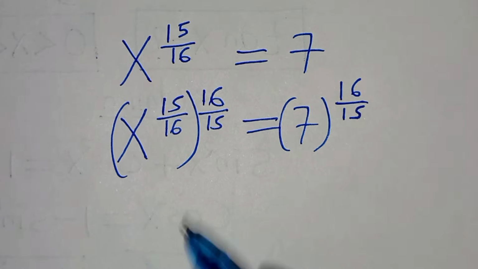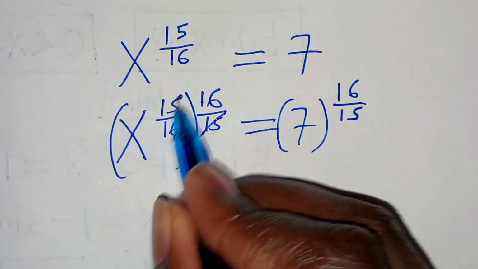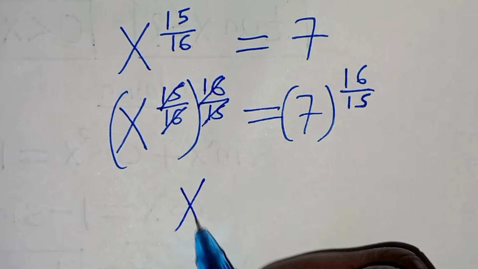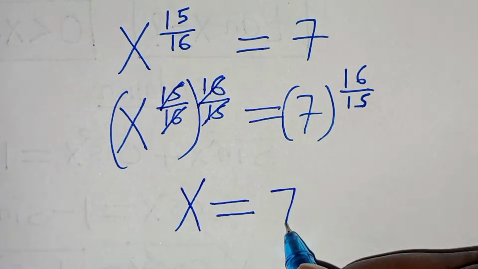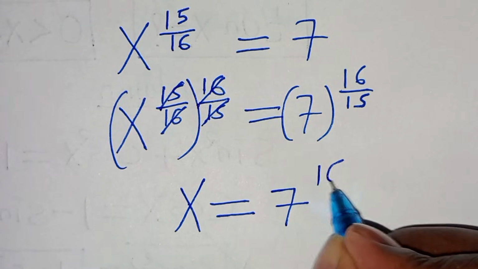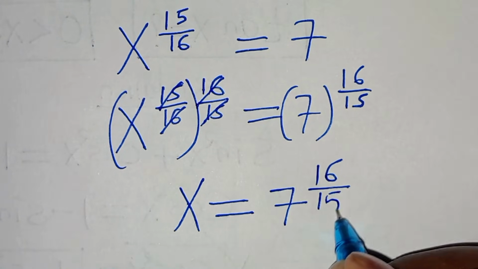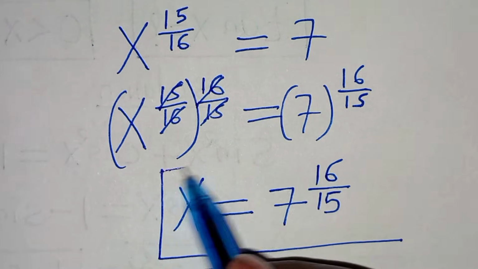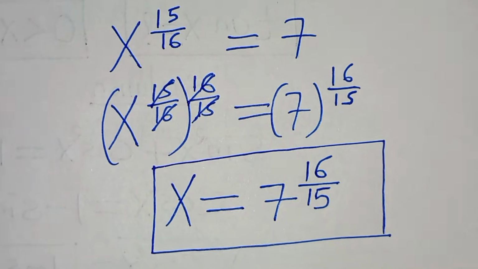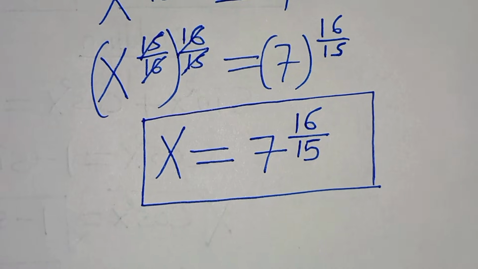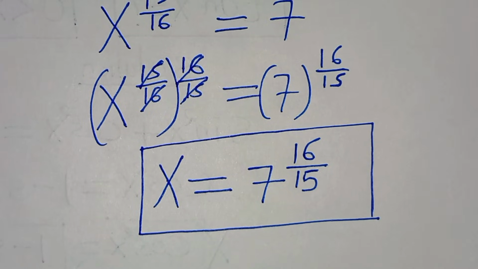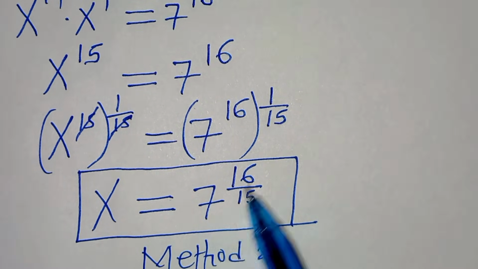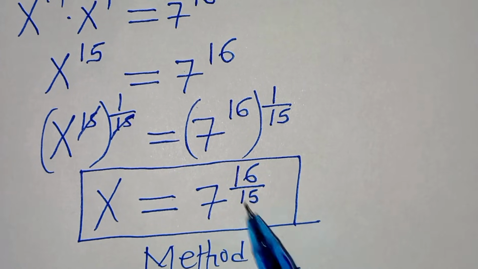Now let's simplify here, 15 and 15, 16 and 16 simplify, so that the value of x is equal to 7 raised to the power of 16 over 15. So this is the value of x by applying method 2. So both method 1 and method 2 yield the same result. We have the same value of x, which is 7 to the power of 16 over 15.